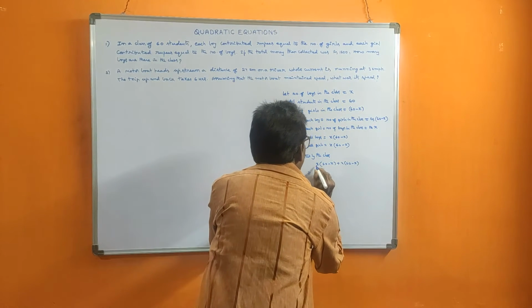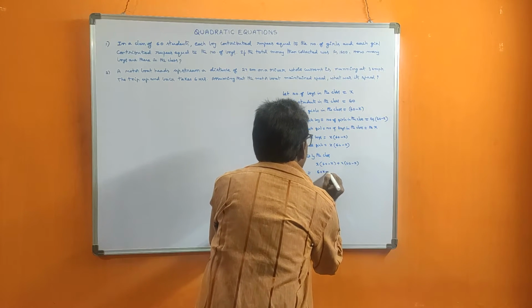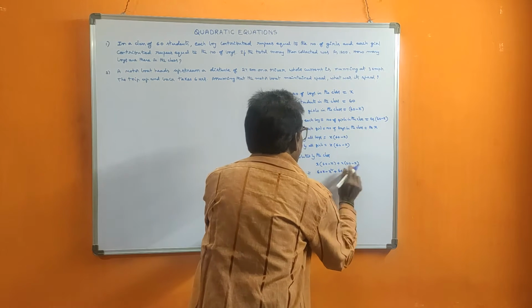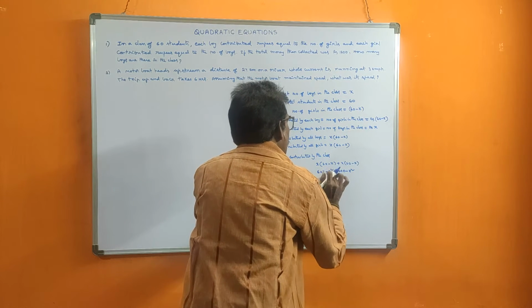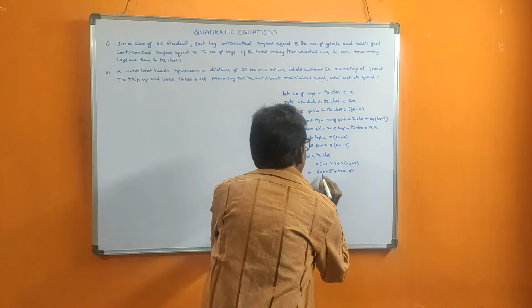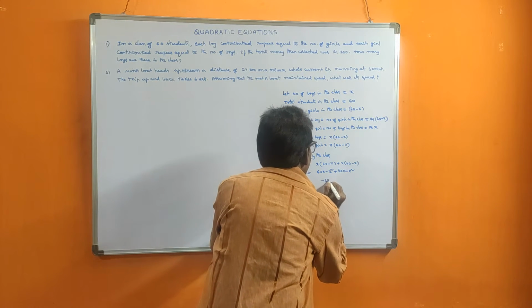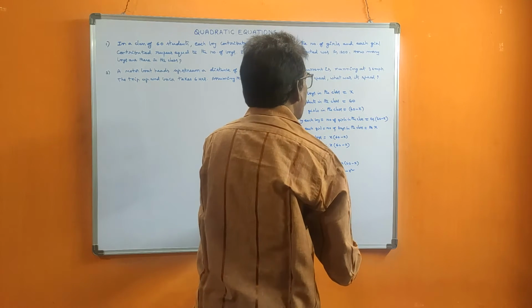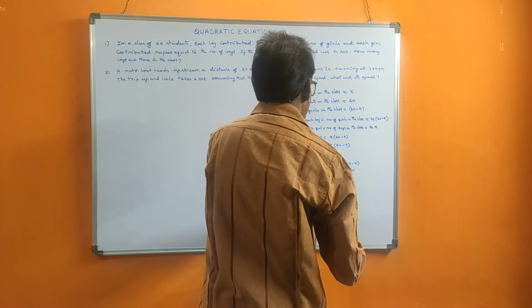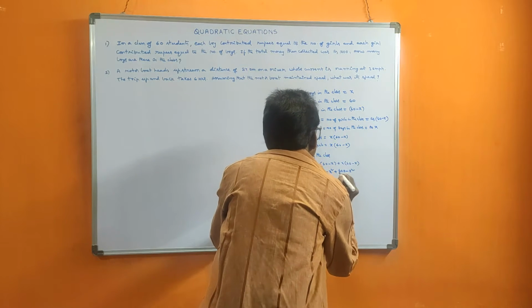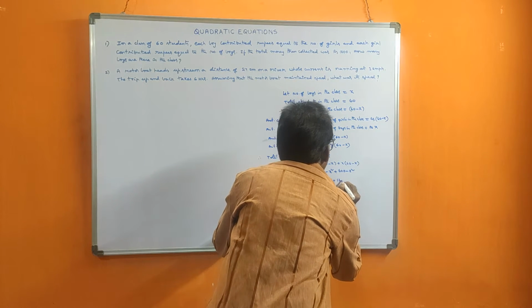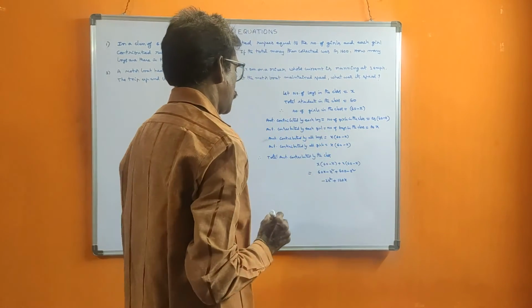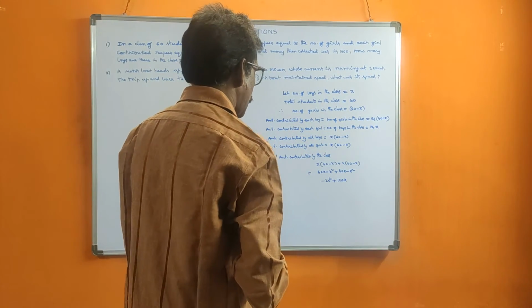That total is 60x minus x square plus 60x minus x square. So this is minus 2x square plus 120x. This is the total amount collected.